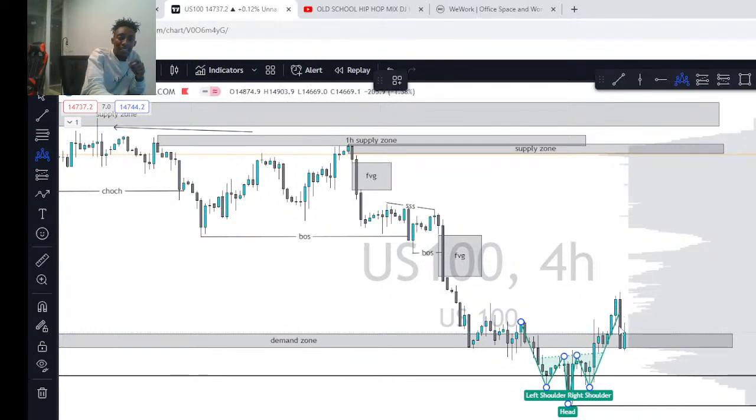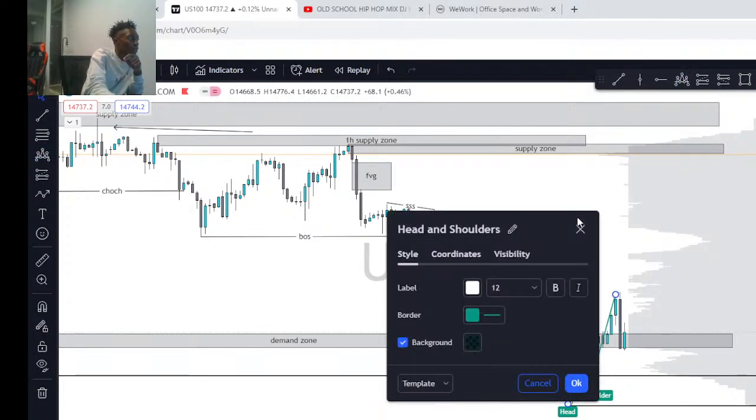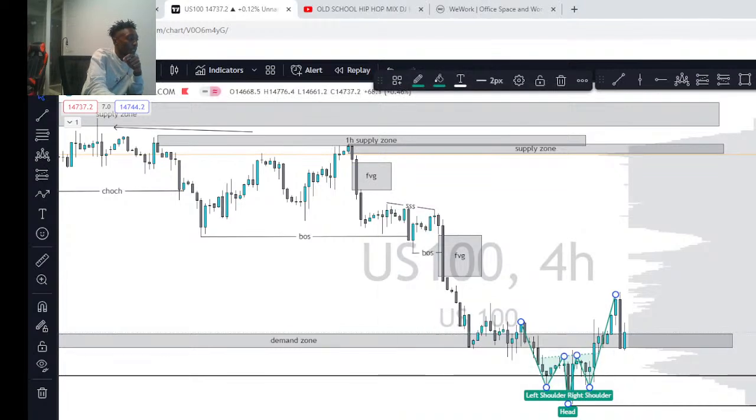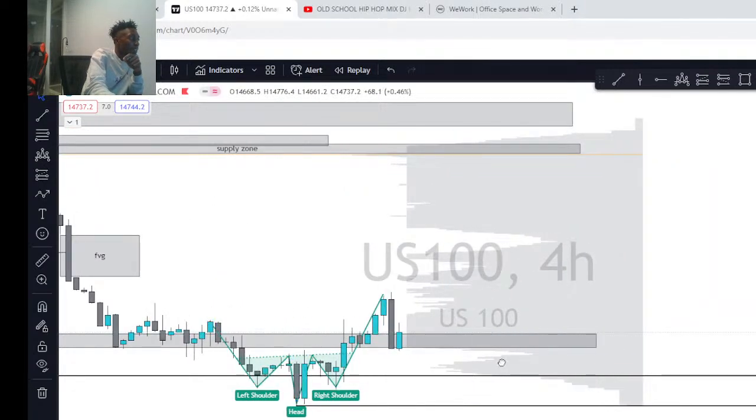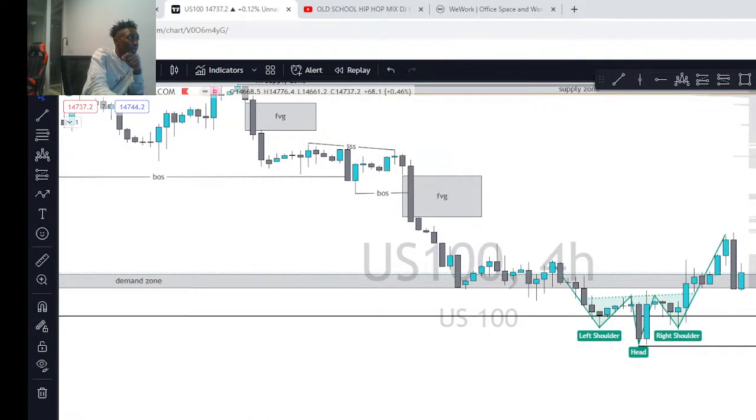After the market creates the right shoulder, it's most likely to push to the upside. After pushing to the upside, it has to come back down, retest the neckline, and then continue pushing. Where is the neckline?